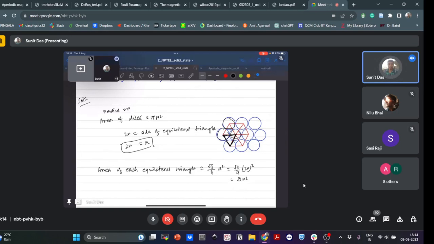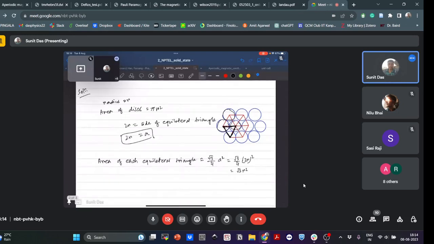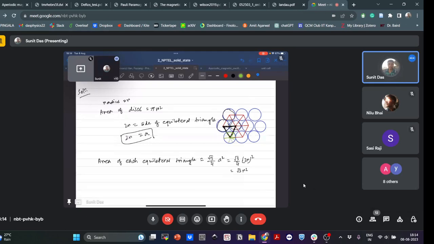That can be easily found if you observe that this portion and this portion, like this one, there will be six equal portions, 1 2 3 4 5 6. So a disc is divided by this triangle into 6 equal portions.